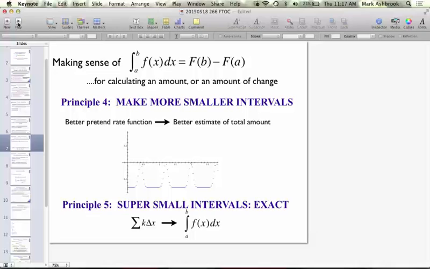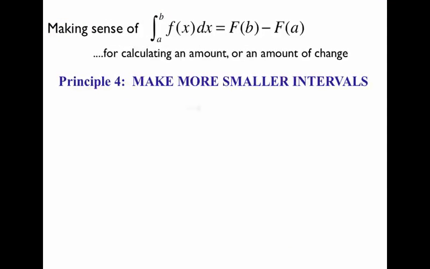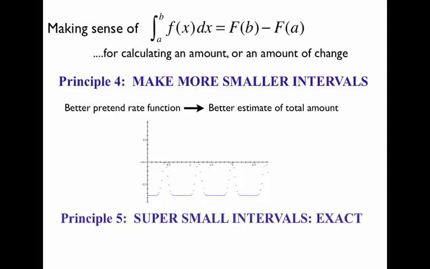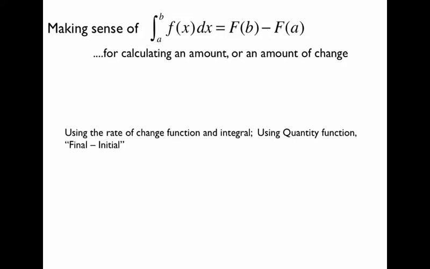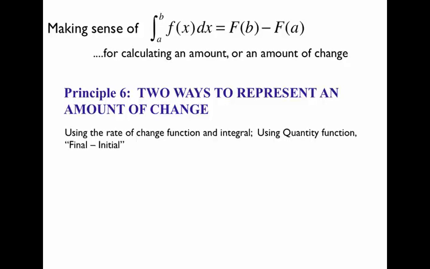So we said make more small intervals, super small intervals give us the integral, the left side. Okay? So next principle, principle 6: two ways to represent an amount of change. Using the rate of change function and integral, and using the quantity function, just final minus initial.